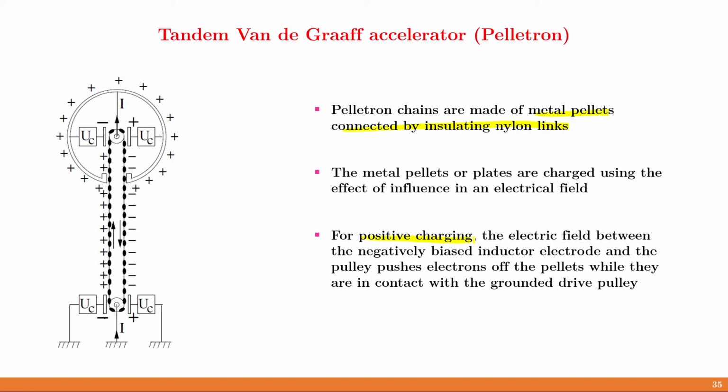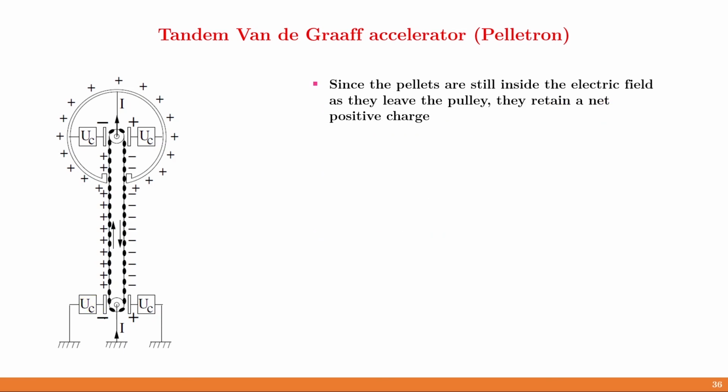For positive charging, the electric field between the negatively biased inductor electrode and the pulley pushes electrons off the pellets while they are in contact with the grounded drive pulley. Since the pellets are still inside the electric field, as they leave the pulley, they retain a net positive charge.